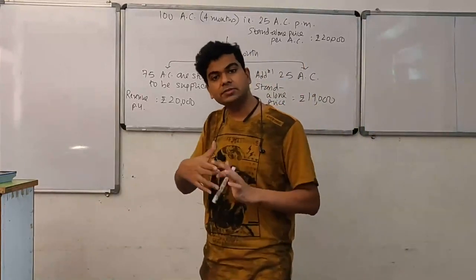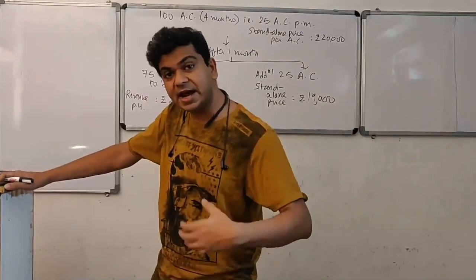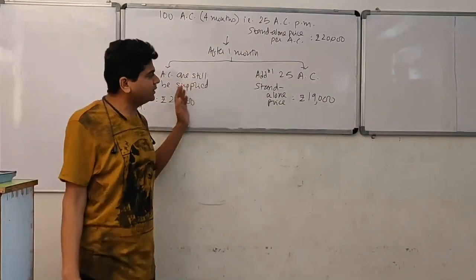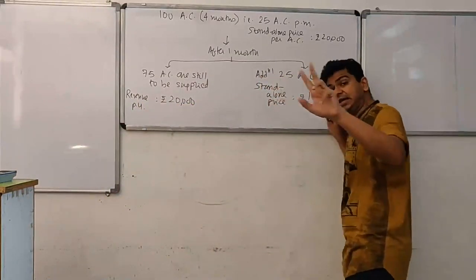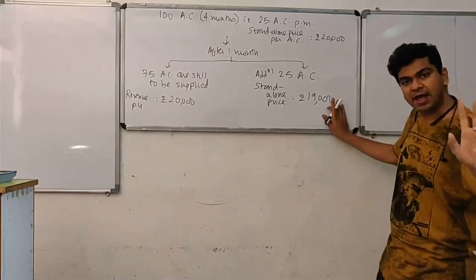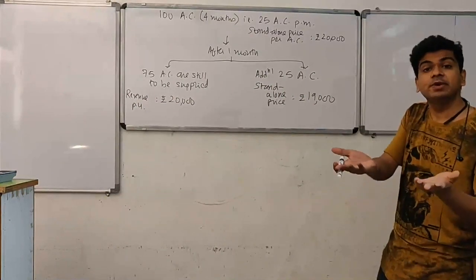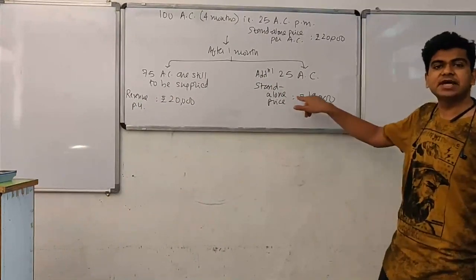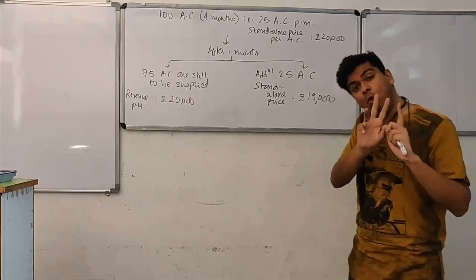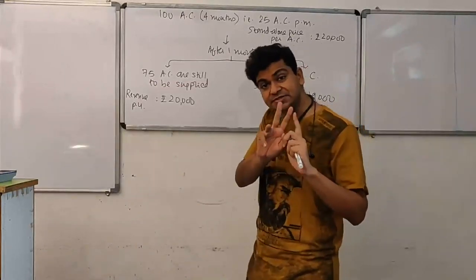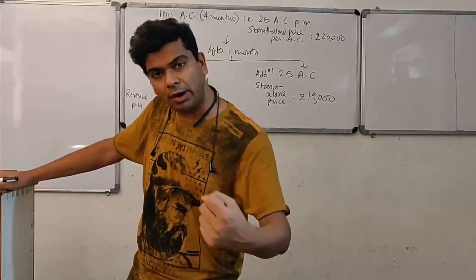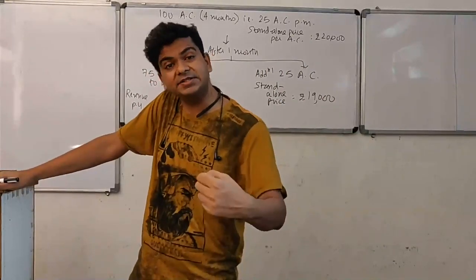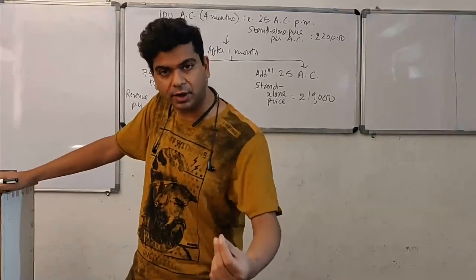Increase in scope means more goods and services are added. Here, as you can see, additional 25 air conditioners are added. And the second condition in Ind AS 115 is that consideration should be increasing at the stand-alone price. If both the conditions are getting satisfied, then whatever is the modification in the contract, it should be treated as a separate contract.